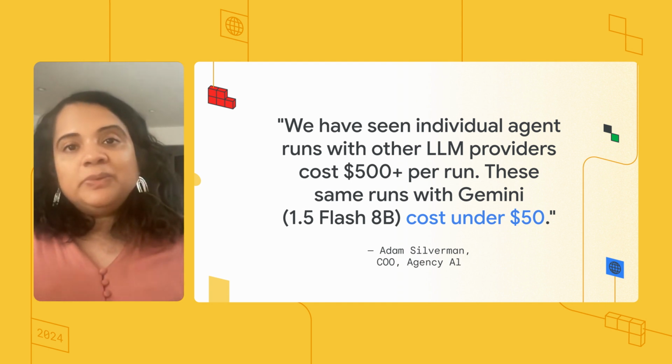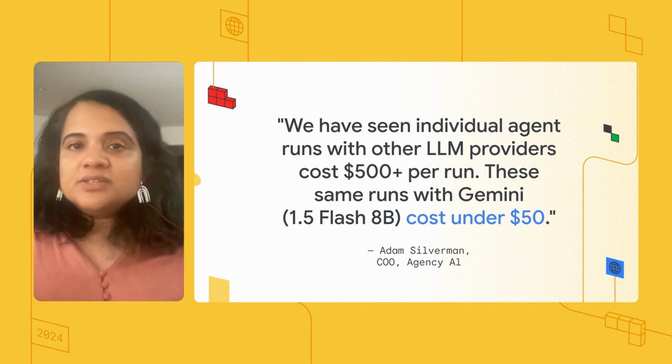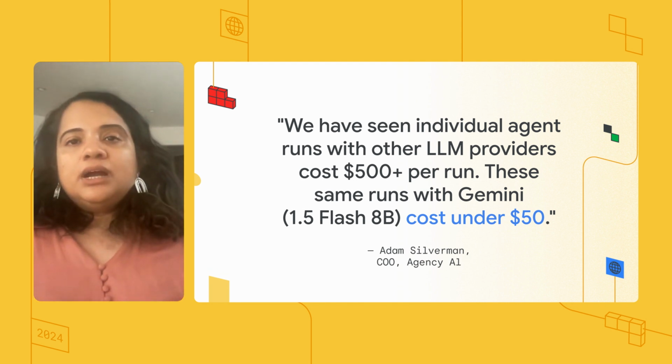And this is what we need if we want agents to be more ubiquitous, if we want hierarchies of agents working together. The cost and the latency will need to be at a point which enables scaling, and models like Flash help to do that.